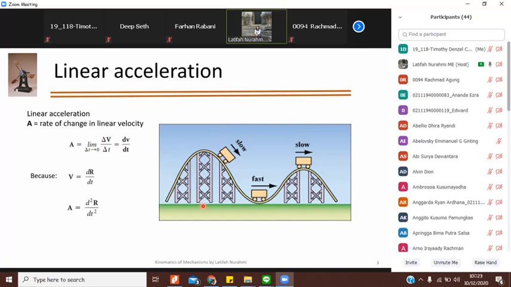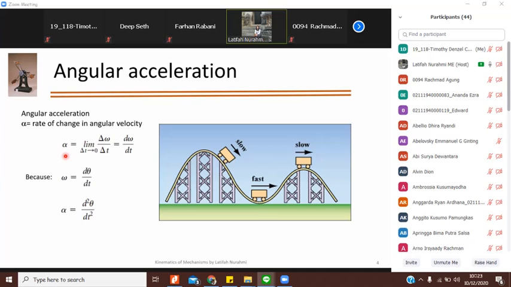In this kind of problem, at every point, the acceleration and velocity are different. So you cannot use this formula basically because this is average acceleration. But this is just to show you that we have a linear acceleration, which is a time derivative of the linear velocity.